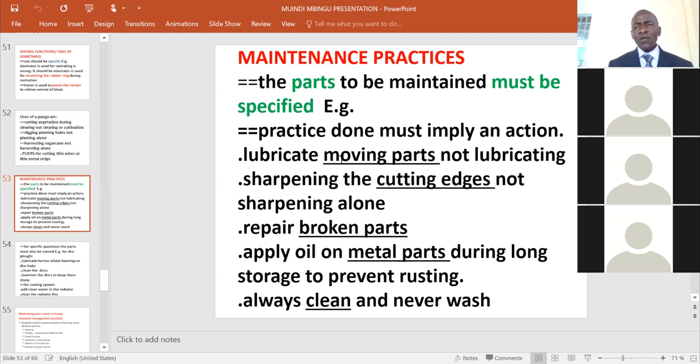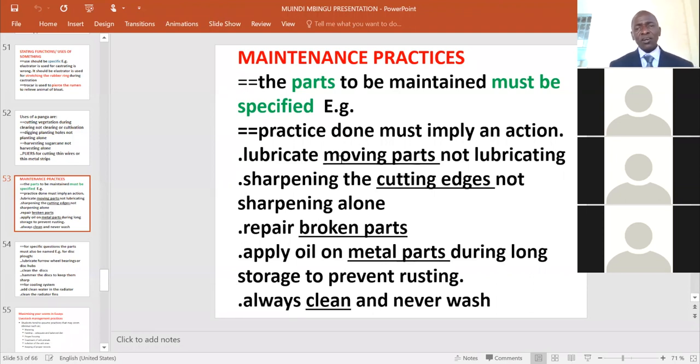Now, there are two other ways of preventing rusting, and one of them involves painting. So if you want to talk about painting as a method of preventing rusting, don't just say painting. You must specify the type of paint, because we have got water paints and oil paints. Certainly we use oil paints because they do not permit moisture to access the surface of the metallic parts.